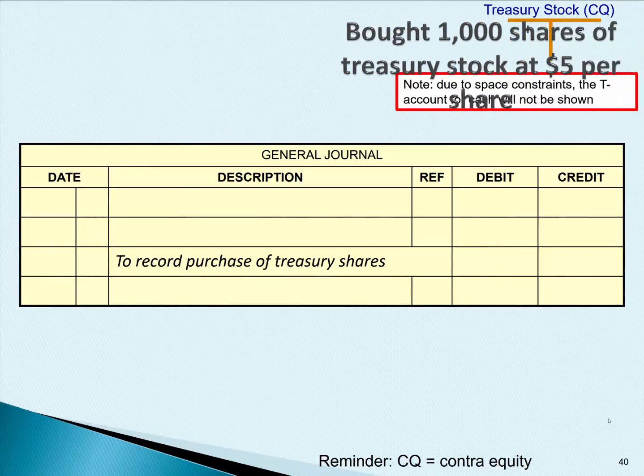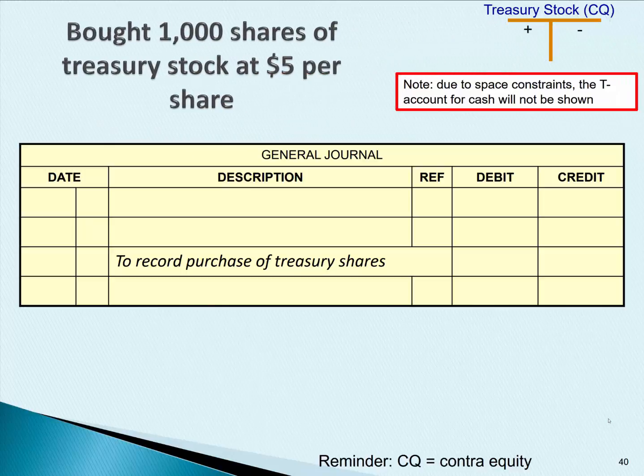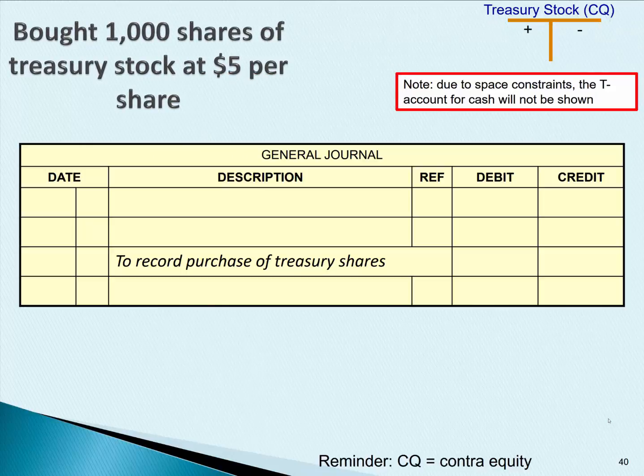So in our first transaction, we're going to buy 1,000 shares of treasury stock at $5 per share. So in my T account, the treasury stock account is going to go up by $5,000. And remember, we need to keep track of the price of this treasury stock. So that's why I've written $5 per share up here.